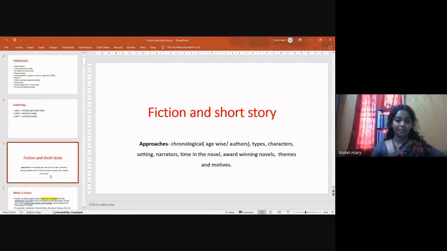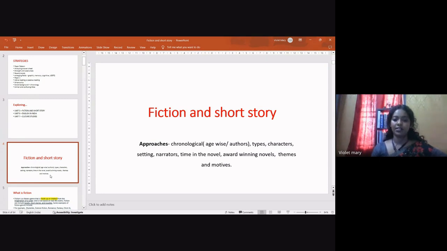But after the session, you should club it in a way. You can read it in a chronological way. Types, and characters. You can list out some characters and then connect them with the fiction. Then you can go to setting, and then to narratives in the novel.